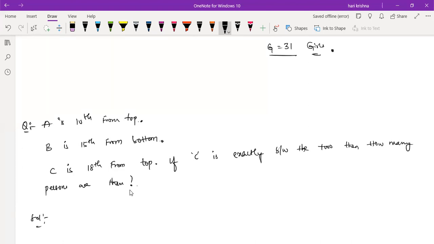Hello, yes, sir. Can you hear me now? Yes, sir. Sorry, can you repeat again? So they told if C is exactly between the two, then how many persons are there in the whole? Yeah, in the whole top to bottom.